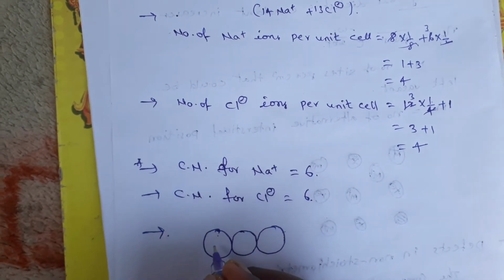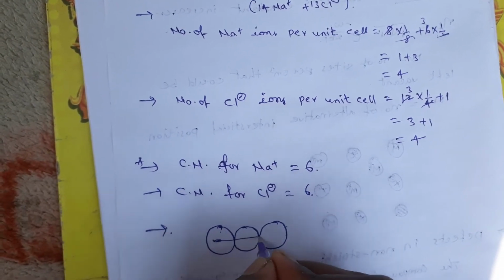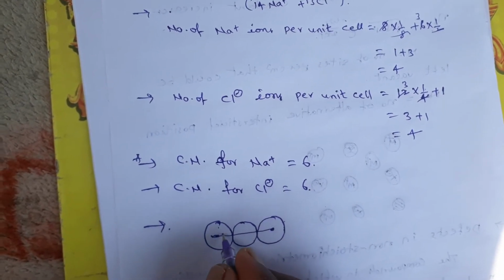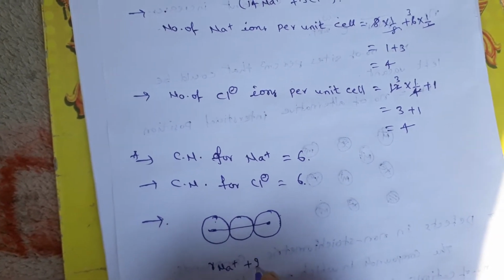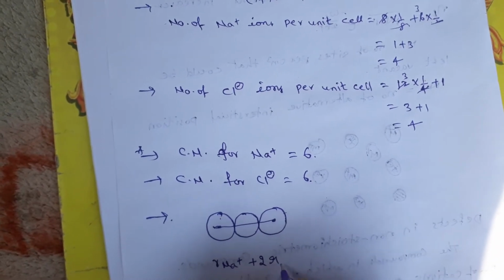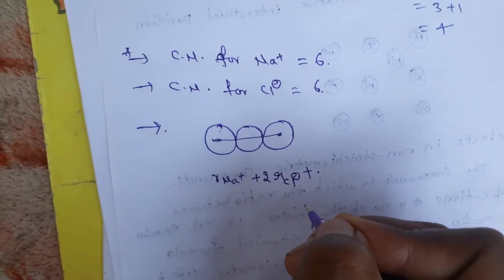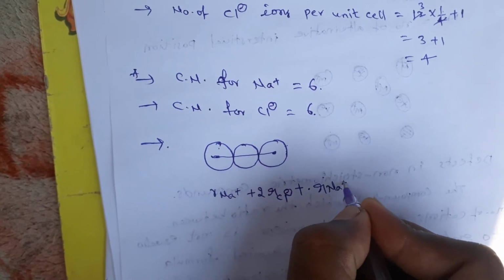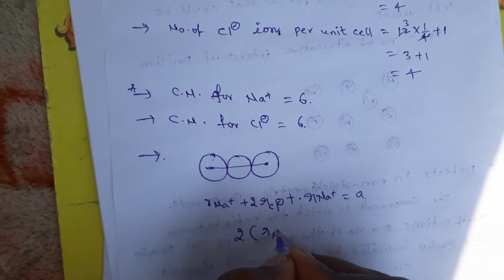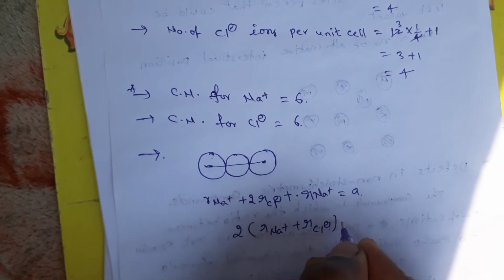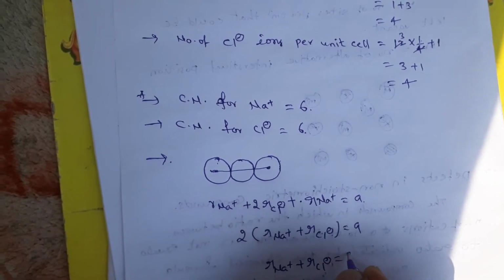See, if you take this is the sodium plus and Cl minus ion, then here R plus R and R plus R, so R Na plus, 2 R Cl minus, plus R Na plus, that will give you the A. So total it will be 2 into R of Na plus plus R of Cl minus is equal to A. So R of Na plus plus R of Cl minus is equal to A by 2.